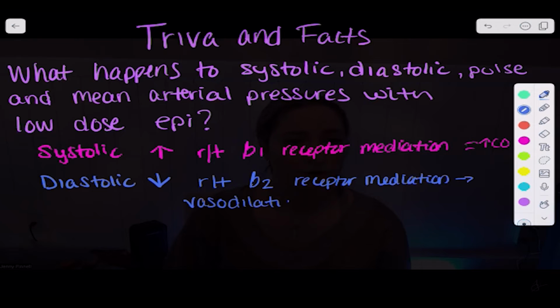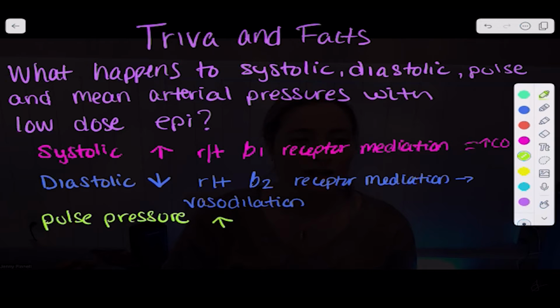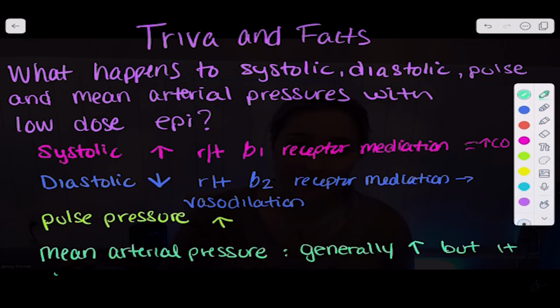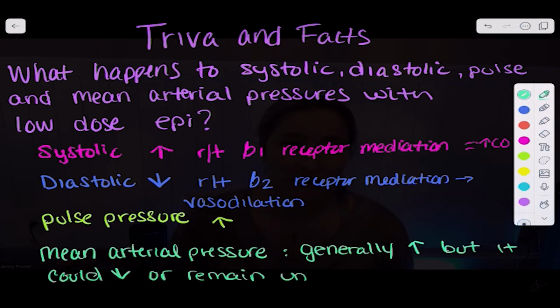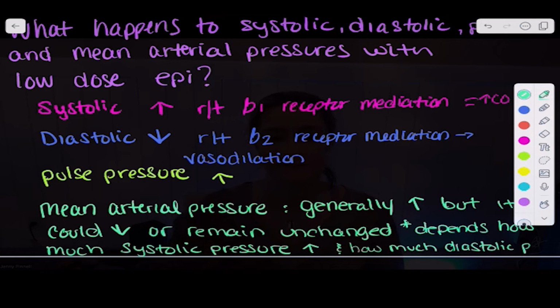And for your pulse pressure, you typically see an increase. And for mean arterial pressure, generally it increases, but it could decrease or it could remain unchanged. The change in mean arterial pressure depends on how much systolic pressure increases and how much diastolic pressure decreases.